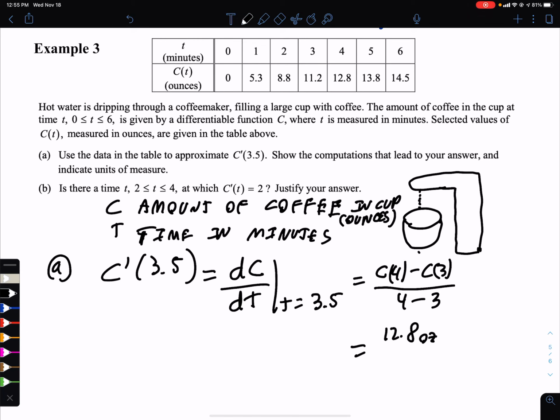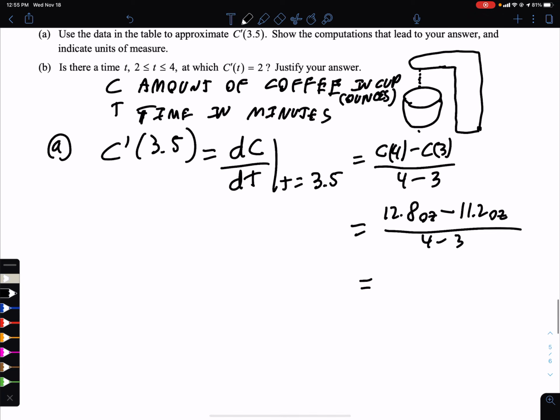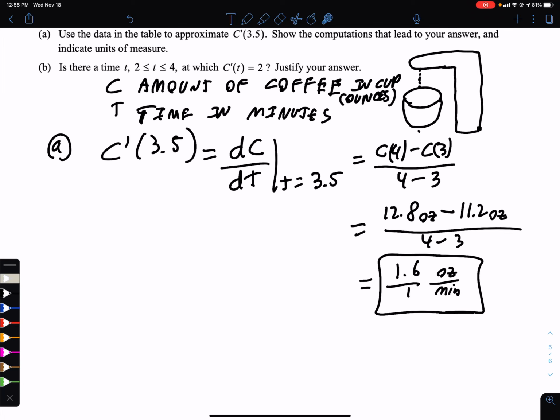Minus 11.2 ounces over 4 minus 3. And then we get an approximate answer. What's that going to be? 1.6 over 1 ounces per minute. So that is our approximation for the derivative using the average rate of change.